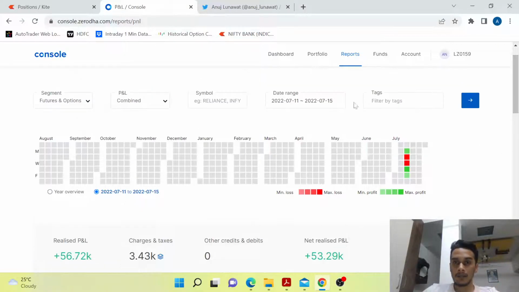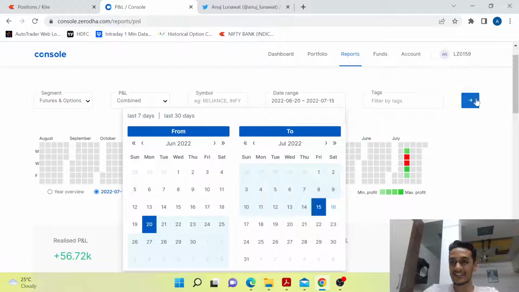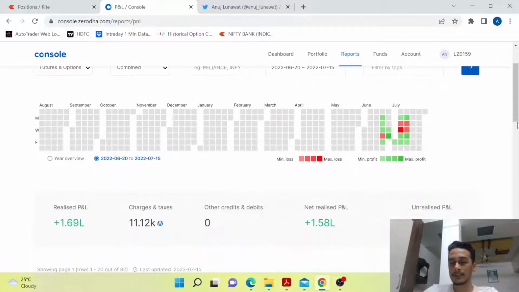But one important thing, which is the very basics of trading: if you observe this, at no point in time are my losses much beyond my capacity to take them. The highest profit was this 54,000, and the highest loss I have taken is 13,000.